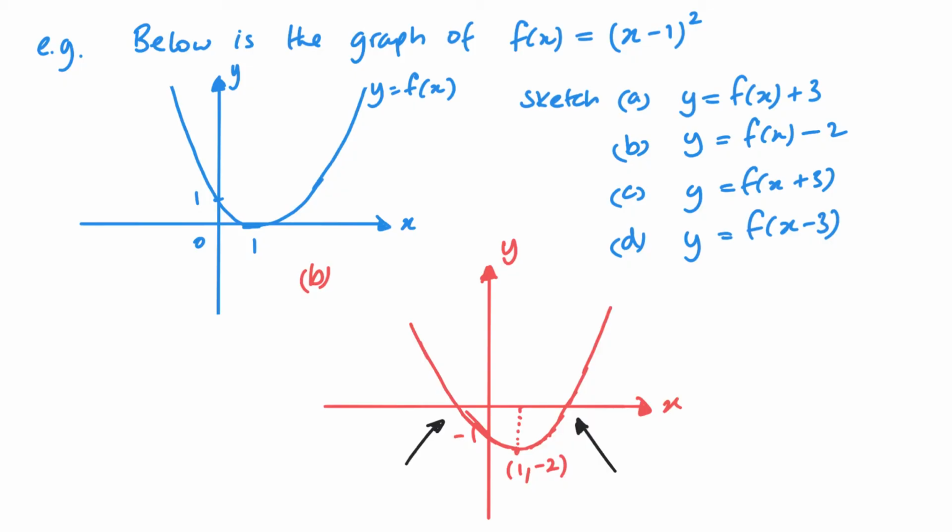So to do that, you would take your graph, y equals, now f of x is x minus 1 squared, and then we're going to take away 2. So expand my brackets, that gives me x squared minus 2x plus 1 minus 2. So that then is x squared minus 2x minus 1.